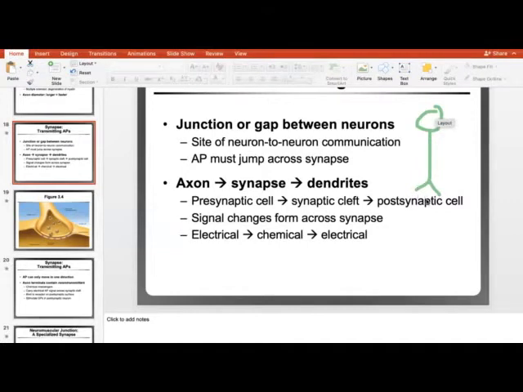And then we'll have another cell body here, and you have the dendrites of another neuron here. And then you have your axon, and then you have your synapses here. Now, you could also have a situation that looks like this. This is going to be a muscle.